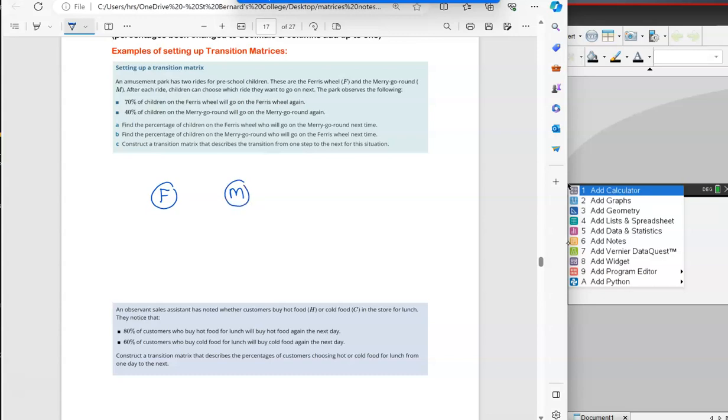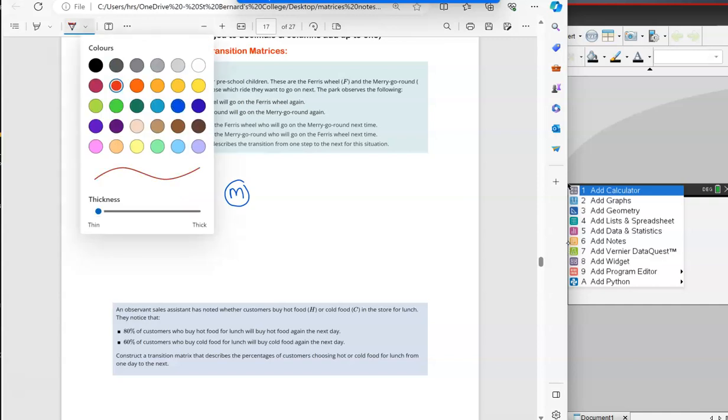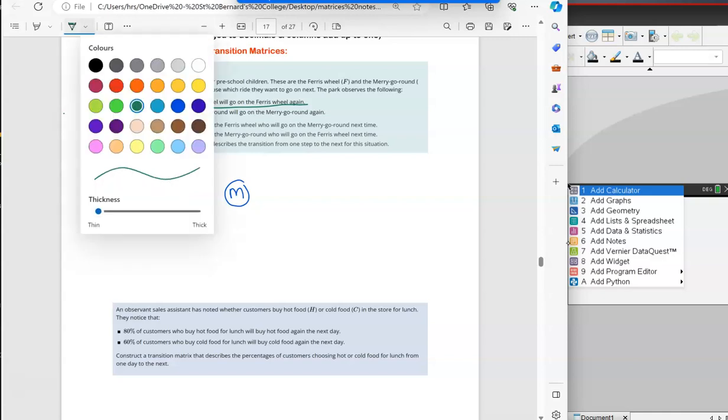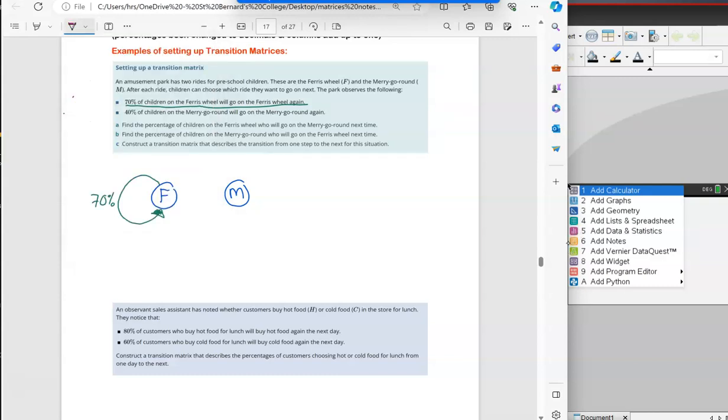Now they said 70% of the Ferris wheel, I'll just underline it here, go to Ferris. So I'm going to have my little arrow. I've got 70% are going to do that. And then the other thing they told me was, 40% of the merry-go-round go to merry-go-round. So they've done that one, merry-go-round to merry-go-round.